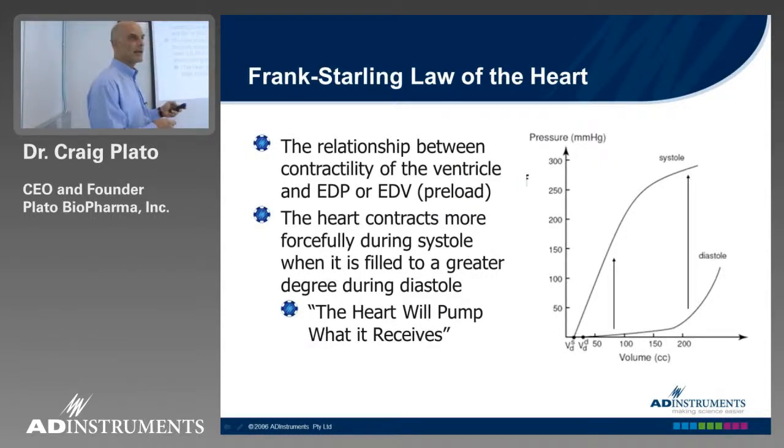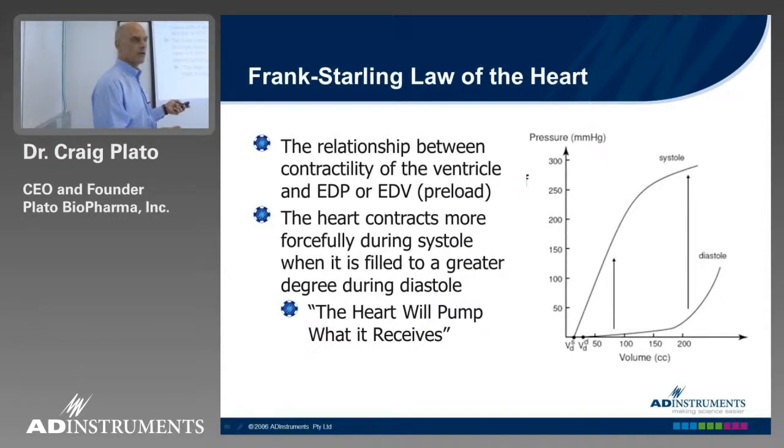And what you see, again, if we think in terms of x and y, with x being the independent variable and y being the dependent variable, the more we manipulate volume, the more we see an increase in pressure during systole. And you can see this is actually a very steep relationship under normal conditions. Okay, so as we add small amounts of volume to the heart under normal conditions, we get large changes in output.